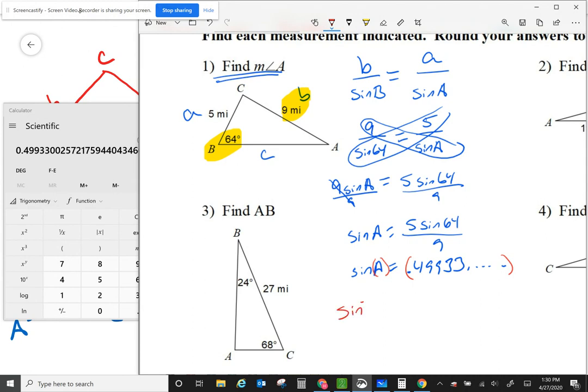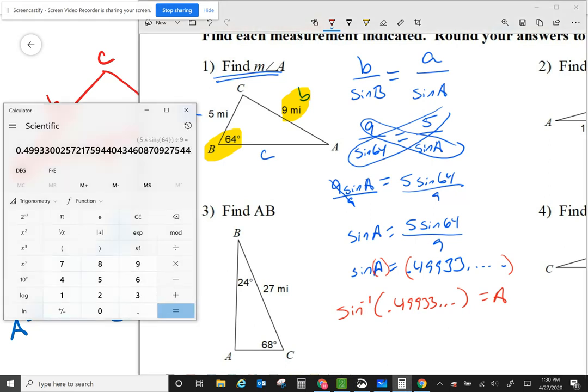I'm going to call this sine inverse of 0.4993, my big decimal, that's angle A. In order for the decimal and the angle to switch places, instead of sine, I'm going to use sine inverse. On my calculator, I have to press second first, and then go to my trig and find sine inverse. So here's my second, here's sine inverse.